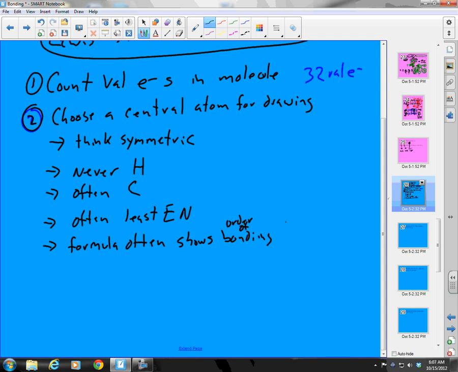What I mean by that is, if we have HCN, they're telling me that the H is bonded to the C and the N is bonded to the C. So when you see that order, right away they're telling me my carbon here is probably my central atom. So this is kind of the rule of thumb.